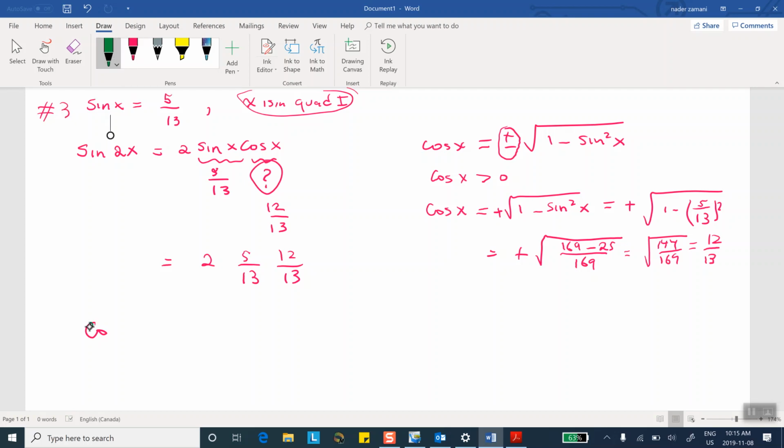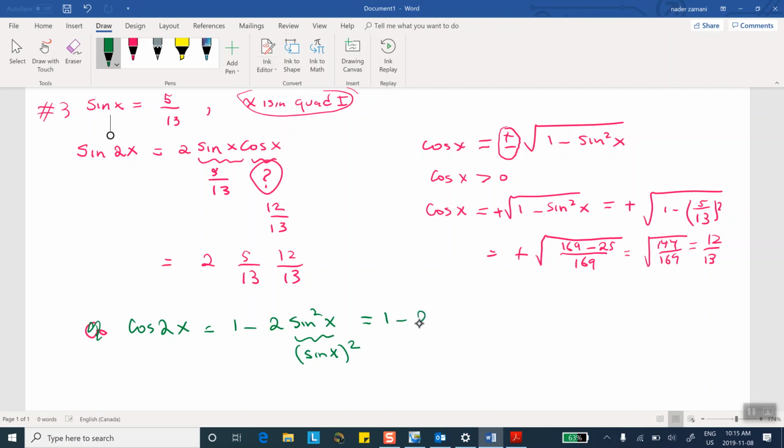I'm going to use a different color here. Cosine of 2x. Now we know from our double angle formula, one way of writing this is 1 minus 2 sine squared x. I want to remind you that this is the same as sine of x squared, so don't get confused. These are the same thing. Okay.